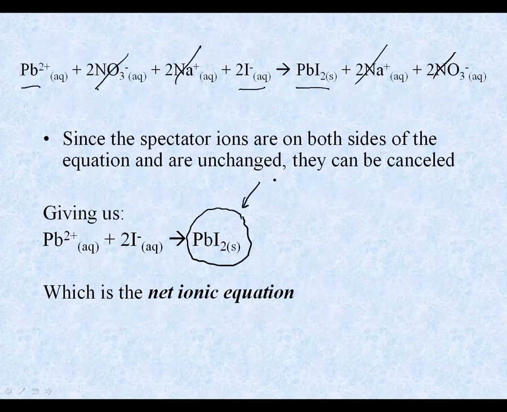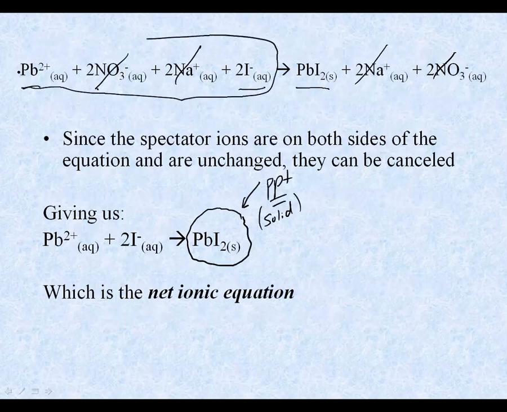What is truly happening in this reaction is the formation of this solid. That's why this is often called a precipitation reaction, because we made that solid. Although we mixed all of these things together in solution, with all of those ions floating around, the real reaction only takes place when the lead ion and the iodide ion come together to form the solid.